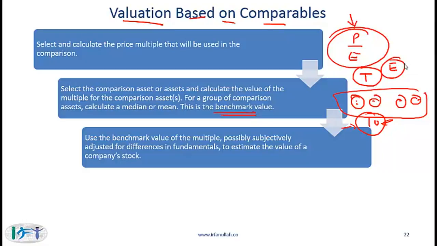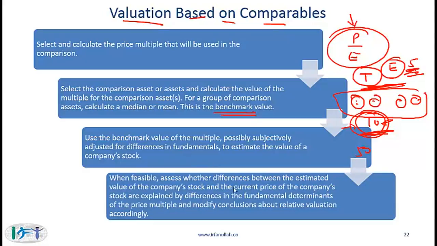So if the earnings number is 5 and based on the comparables, the PE is 10, then what is the value based on comparison? The value based on comparison is 5 times 10, which is 50. Or you can also compare the PE of 10 with the PE that you have of your target company to determine whether your target company is overvalued or undervalued.